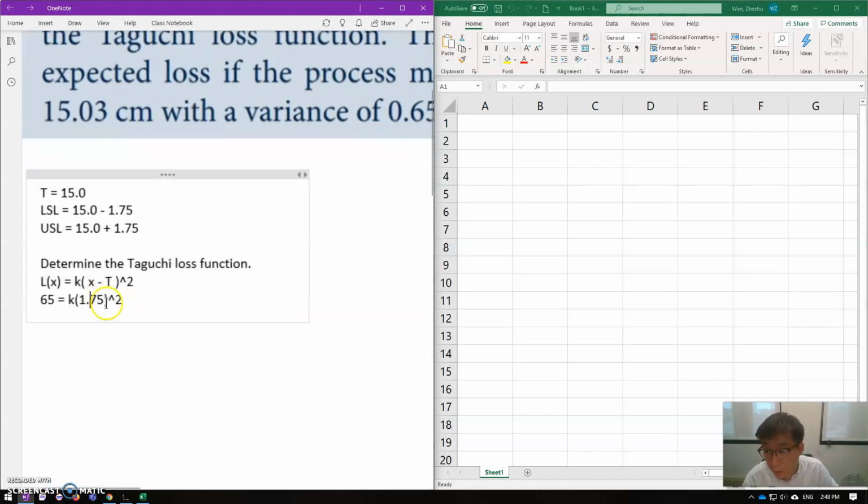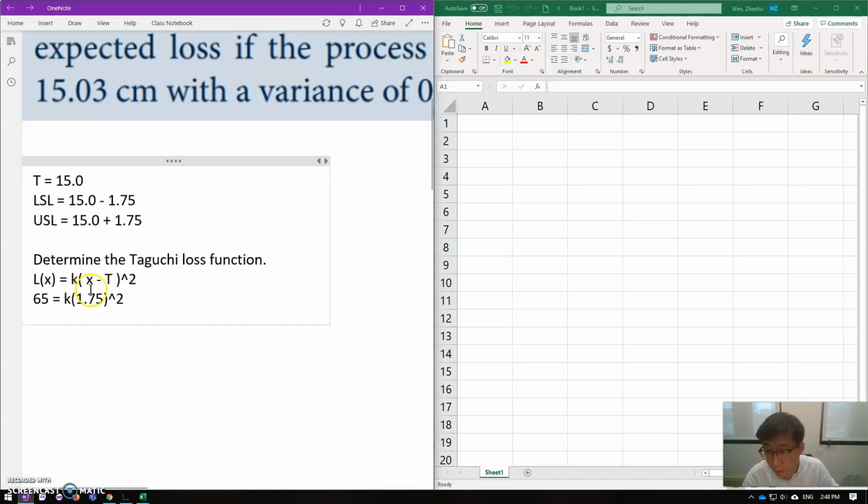Look at this closely if you need more time to think what this means. x minus t is a deviation from the target. 1.75 is the amount of deviation we're allowing, and then the penalty happens after 1.75. So therefore we can write the loss function in this fashion. The only thing that is not known is actually k.